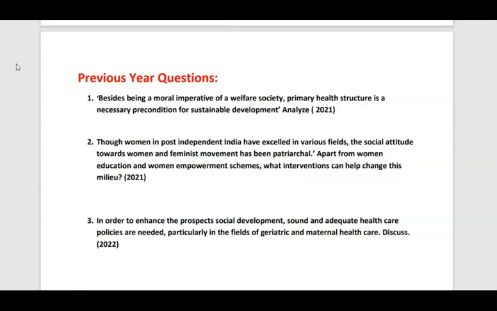So the first question talks about analyzing how primary health structure is a necessary precondition for sustainable development. Here we can use the data of MMR, maternal mortality ratio, as an example.